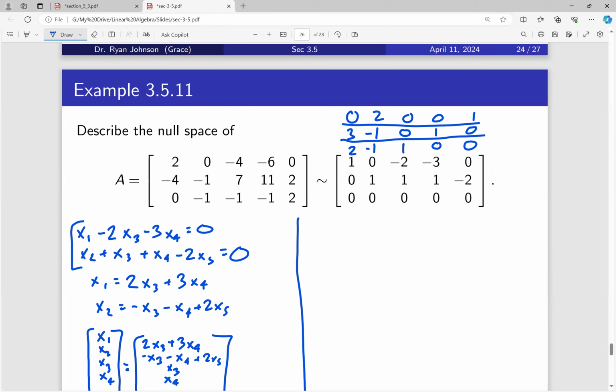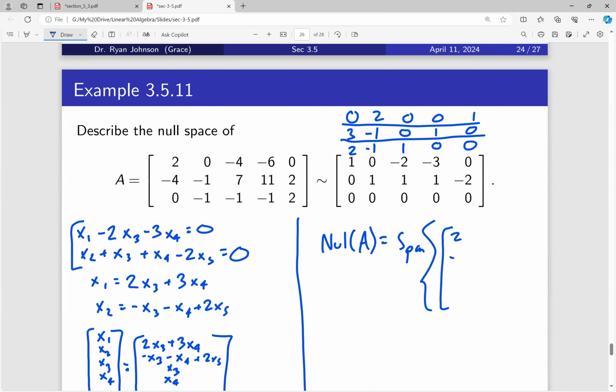Okay, and so once I've done those, the shortcut is just to say that the null space of A is equal to the span, sorry, I need to say span first, span of these three vectors.